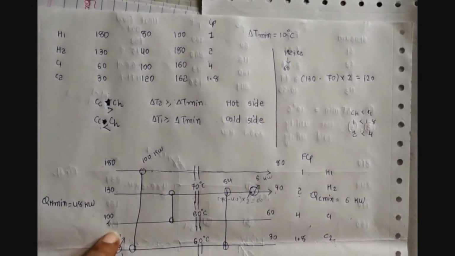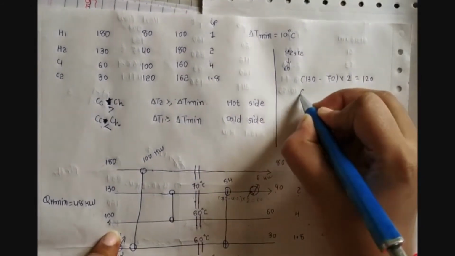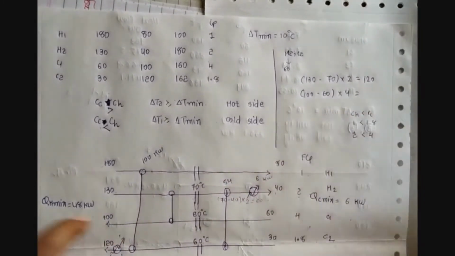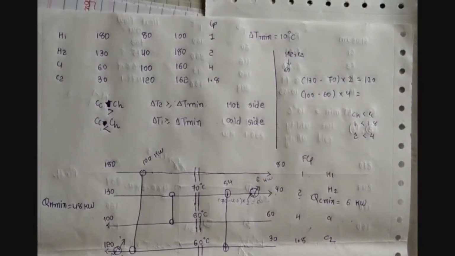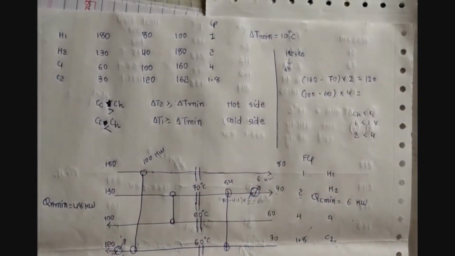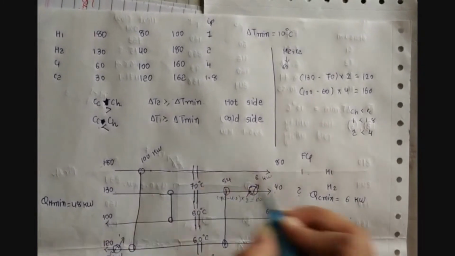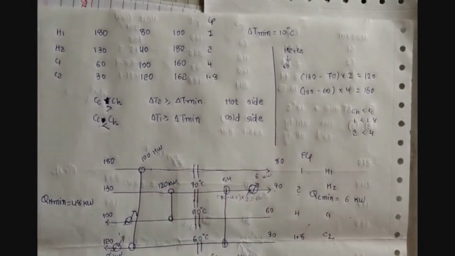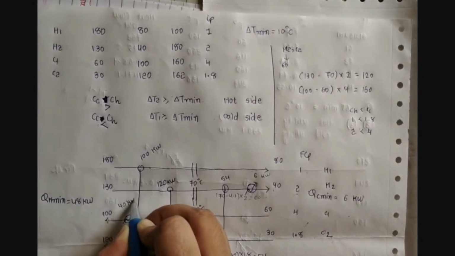Available heat from C1 is 100 minus 60 into 4, so a total of 160 kilowatt heat is available, right? H2 requires only 120 kilowatt, so we will remove the remaining 40 kilowatt from C1, 40 kilowatt, right?